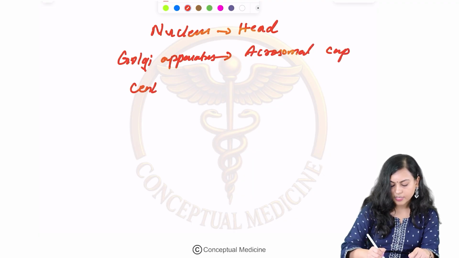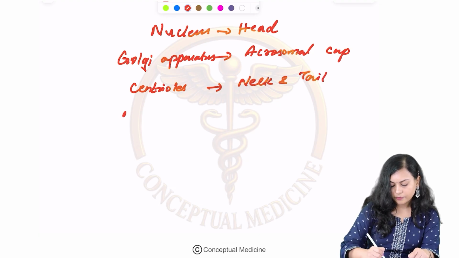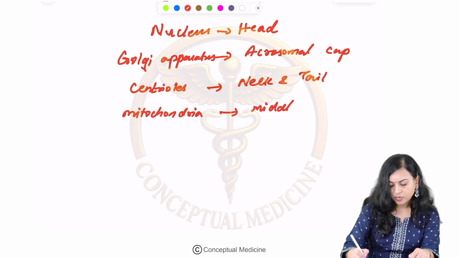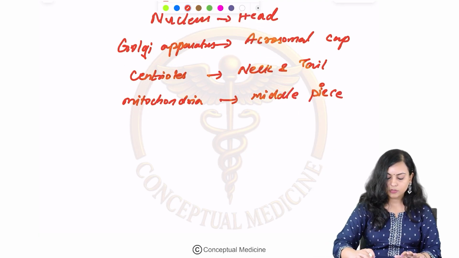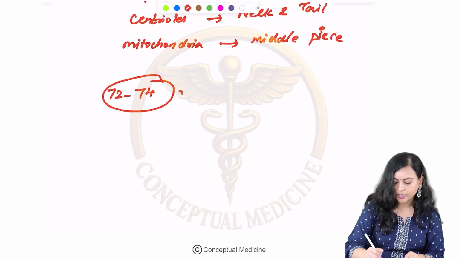Then the centrioles form the neck and tail. We have the mitochondria that will form the middle piece. Okay. So, the time taken for spermatogenesis is usually 72 to 74 days.